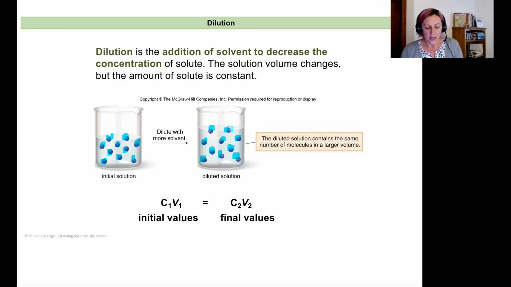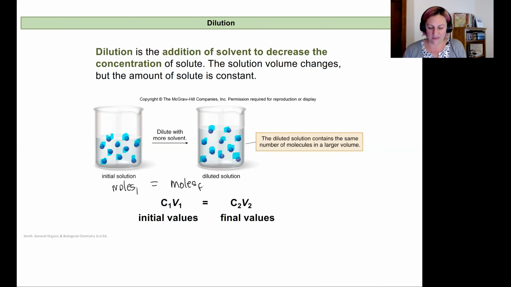So we have something constant between this before and after solution, and that's the number of moles of our solute particles. If the moles in both of these are the same, so the moles initially are equal to the moles in the final solution, then I can build up a relationship around that equality.